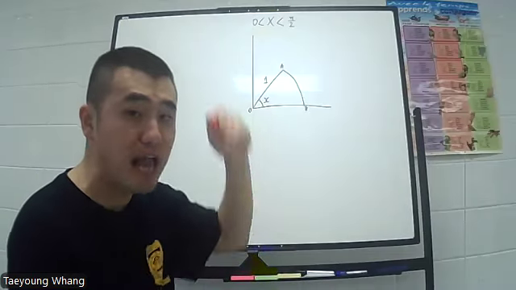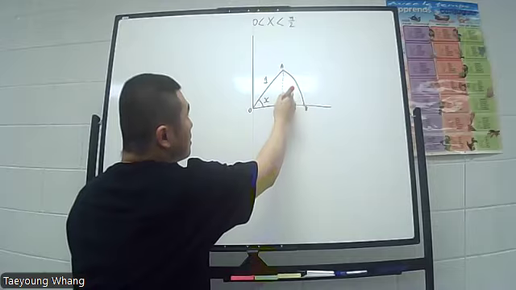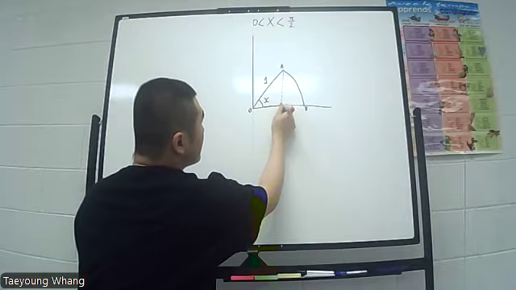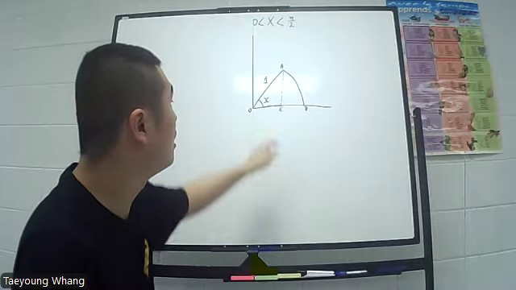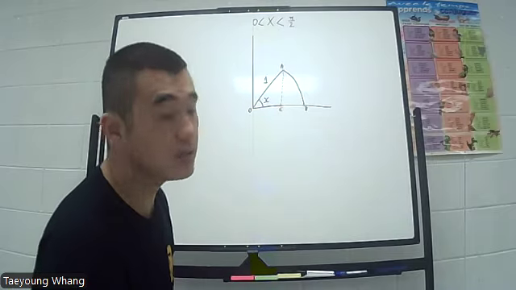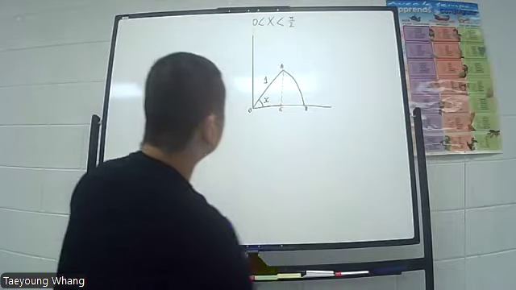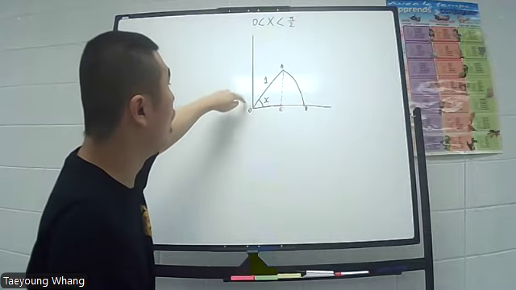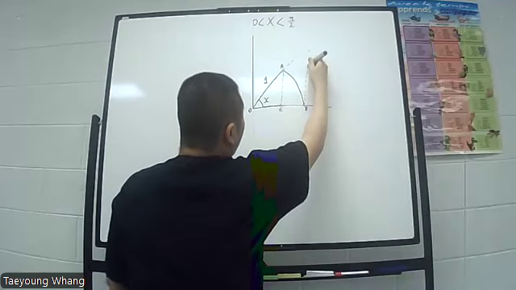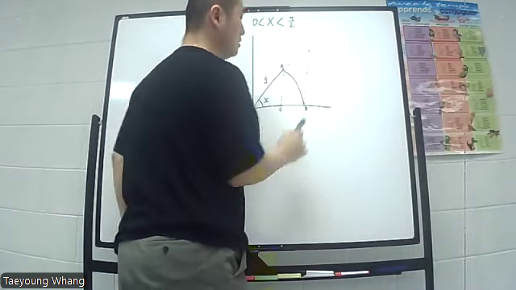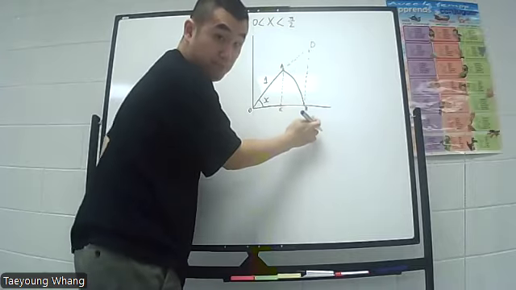I am going to make a perpendicular line starting from this point A, and I'm going to mark this point C. And I have a red triangle OAC. Do you guys see that? And what I'm going to do next is to extend this line OA until I get a big blue triangle ODB.